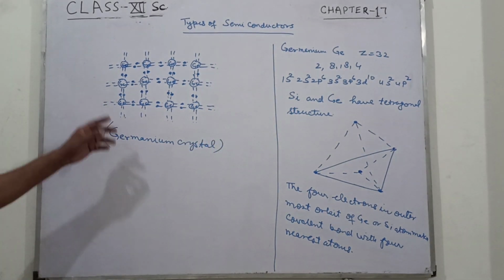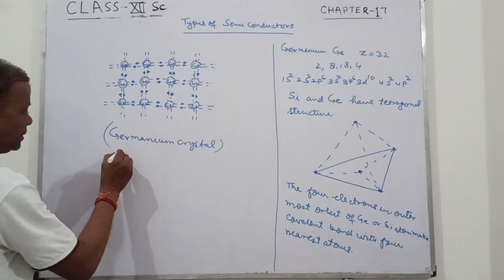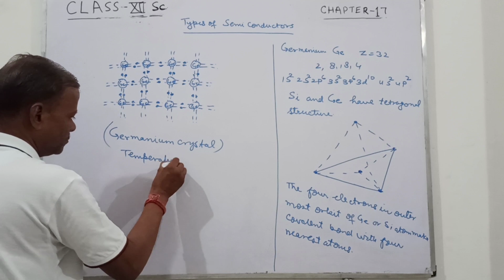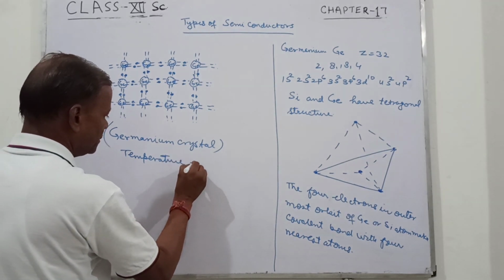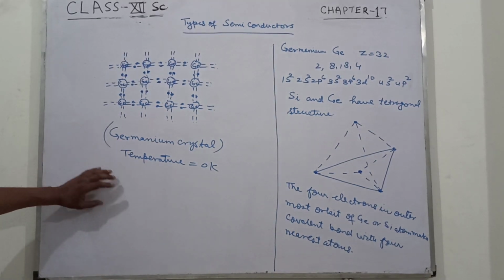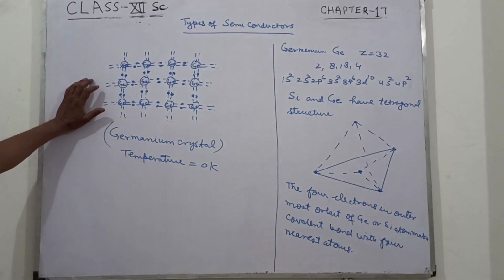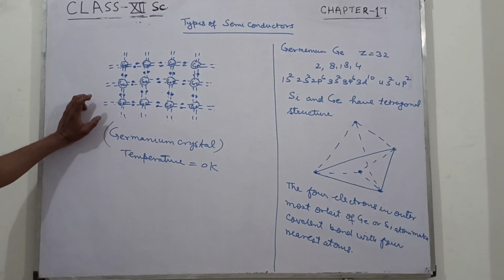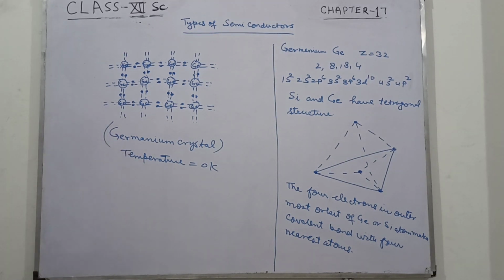And this structure is at 0K temperature. It means that at 0K there is no free electron and all the electrons are engaged to form covalent bonds. So the electrical conductivity of these crystals at 0K is always 0.